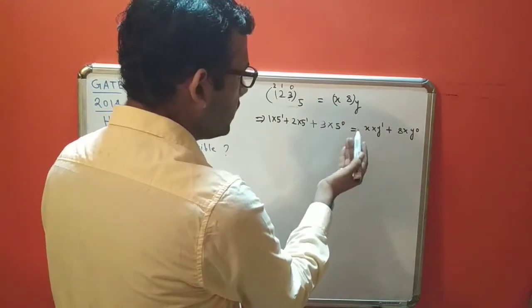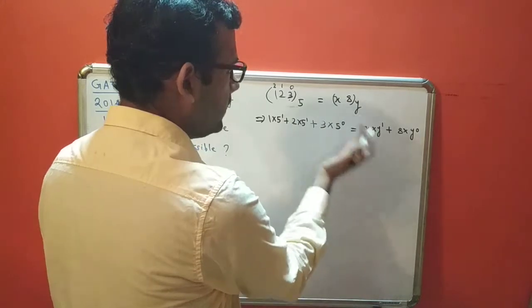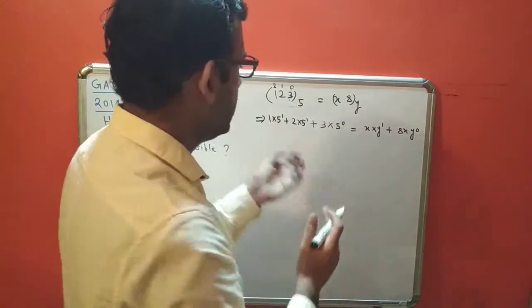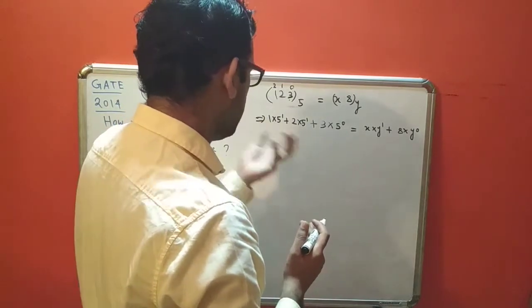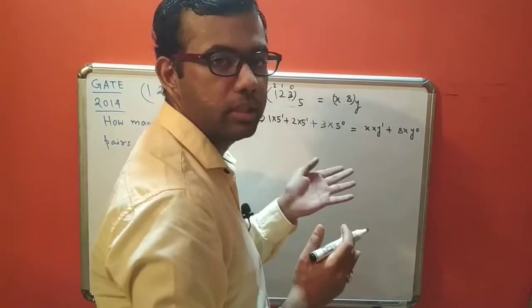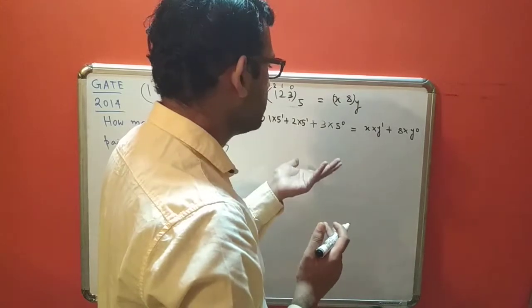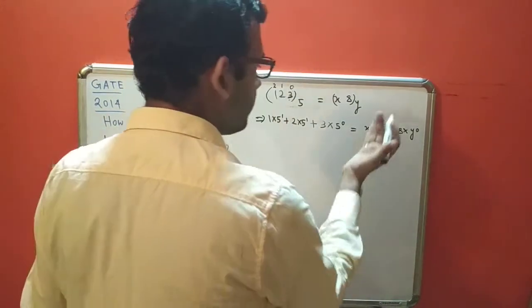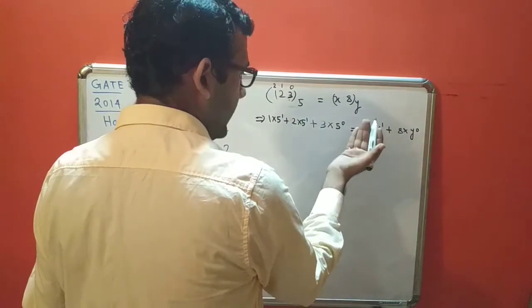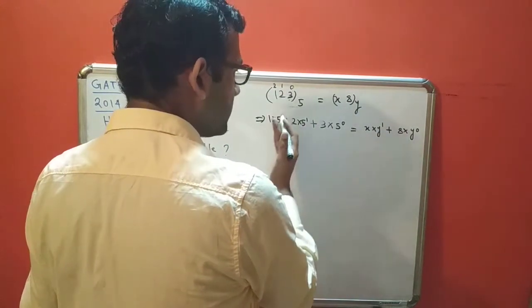So it's better to write the numbers from right to left and not the other way around. If you write it from left to right, it's not a mistake, but it may so happen that you get confused at times and you end up making some calculation errors. So it's better to go from right to left because that is the order in which our positional weights are increasing.